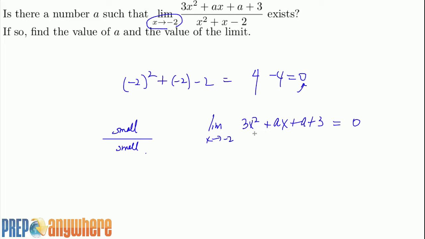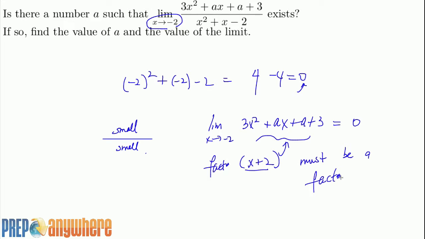So what that means is that the factor x plus 2 must be in here. Or I guess I can say x plus 2 must be a factor of 3x squared plus ax plus a plus 3.